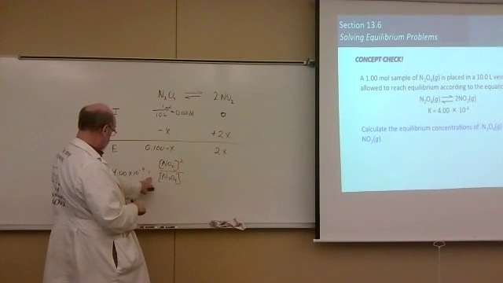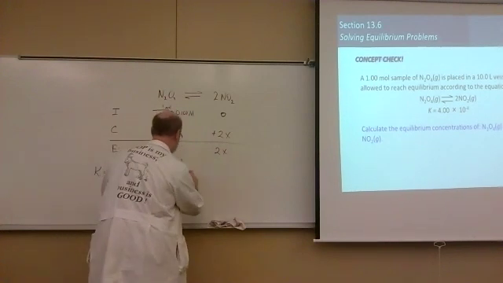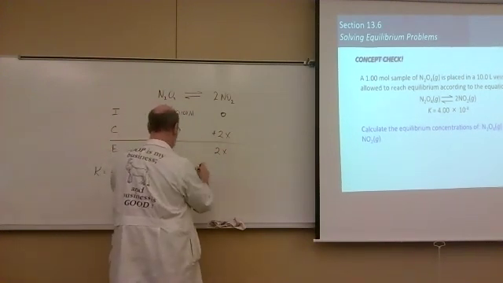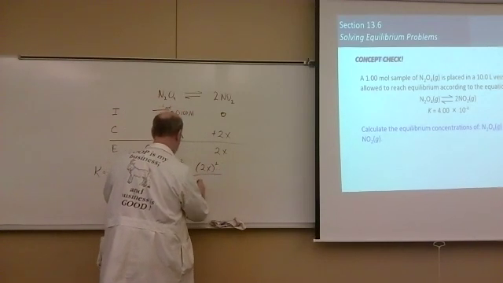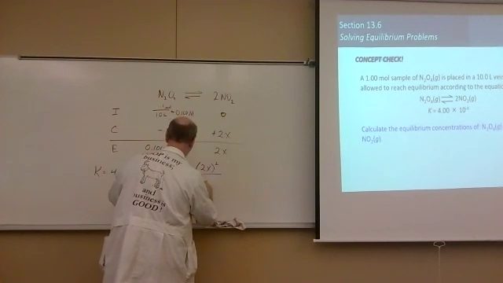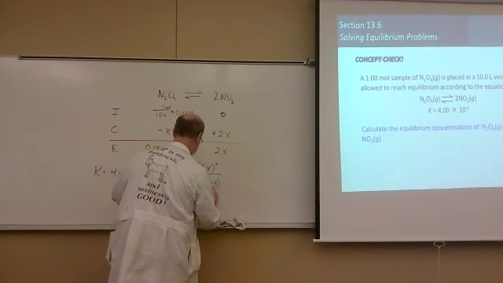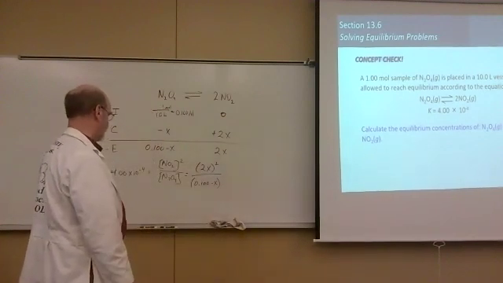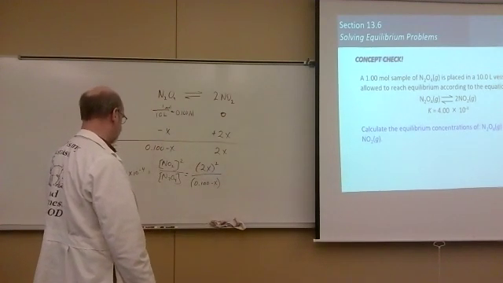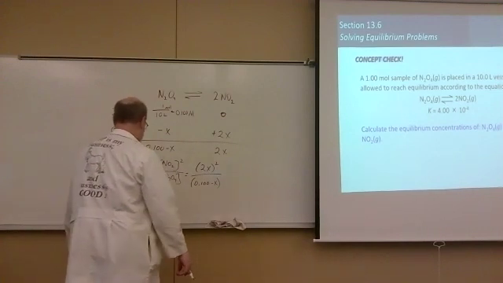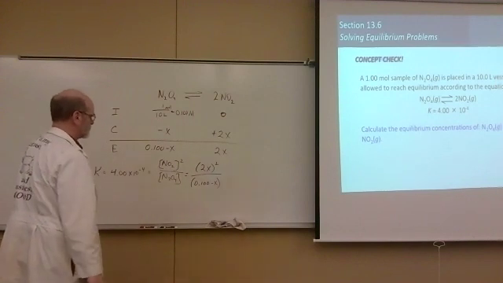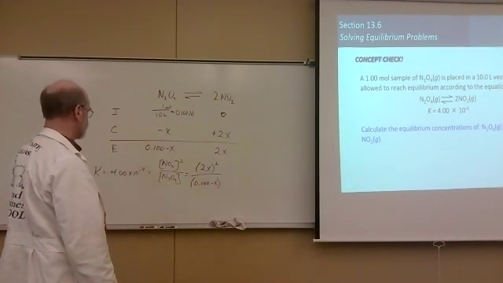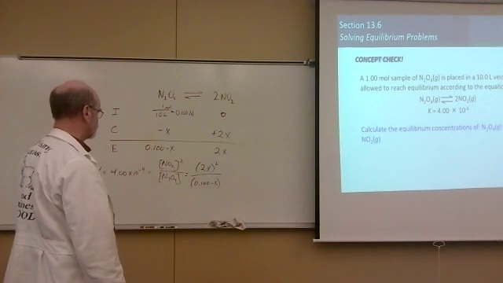Okay, and that expression is equal to 4 times 10 to the minus 4th, which equals 2x squared over 0.1 minus X. Let's see if we can simplify this.